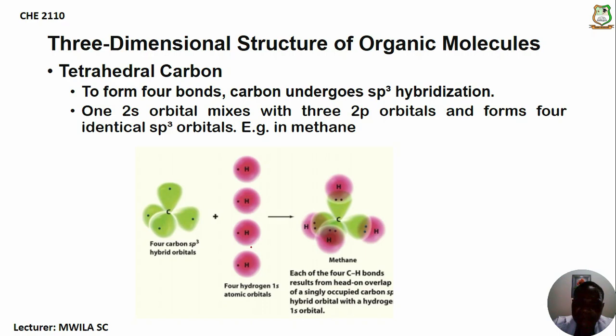So this is how the bond is going to be when the hydrogens are joined to these four carbon sp3 hybridized orbitals. This is the resulting structure. Now when we connect all these bonds, the result will be the tetrahedral shape.